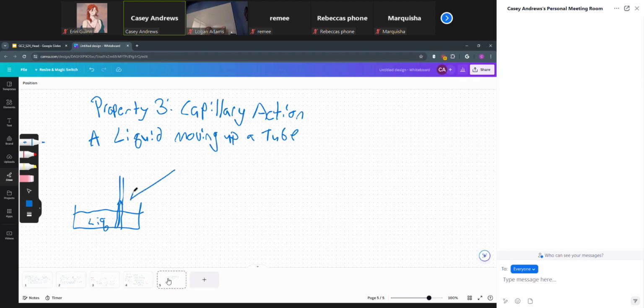And so to understand this, let's zoom in. So that's what my picture right here is going to be. So I'm going to take this tube and I'm going to zoom in to see what is happening chemistry-wise. And again, we're going to have water.